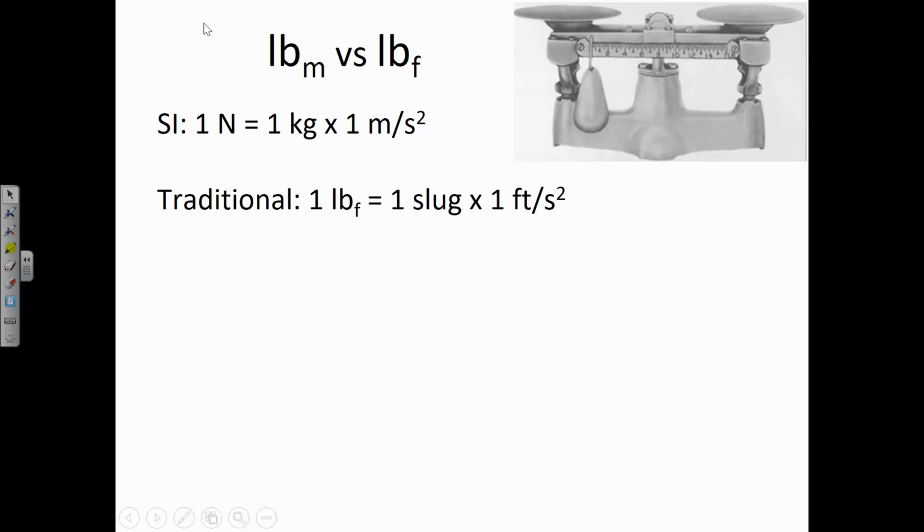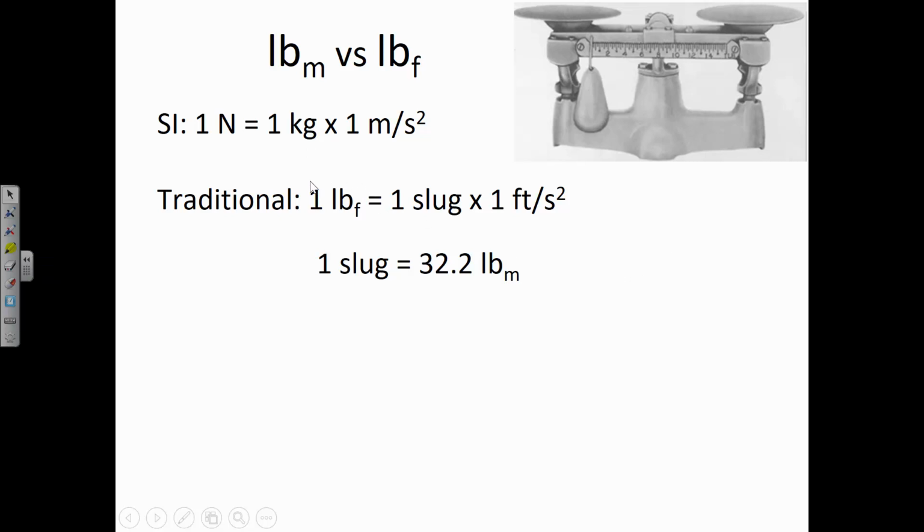All right. So pounds mass versus pounds force. Now, if we're working in SI units, a newton is the amount of force required to accelerate 1 kilogram of mass at a rate of 1 meter per second squared. Now, in traditional units, instead of kilograms, we've got pounds of mass or slugs.